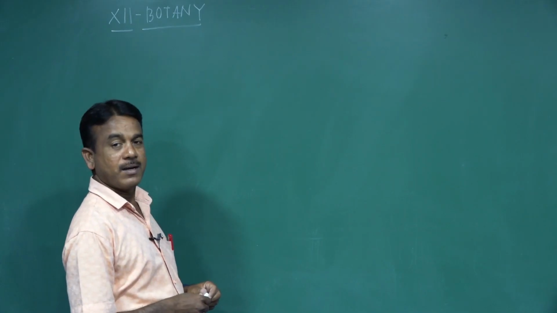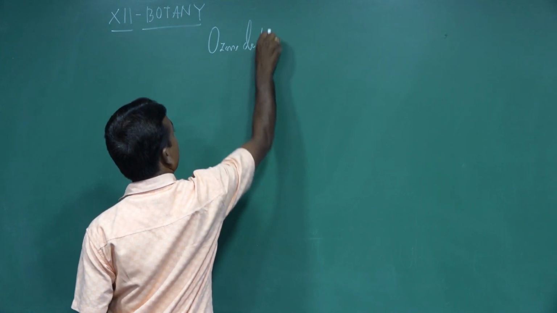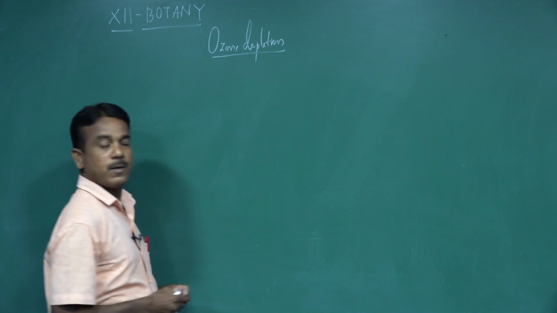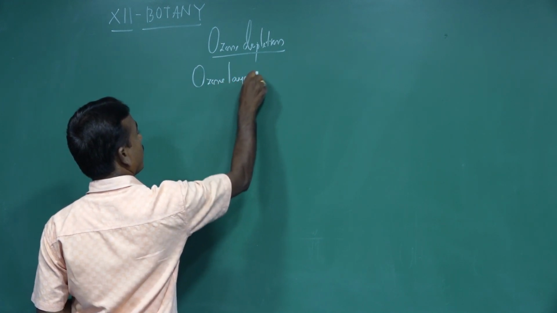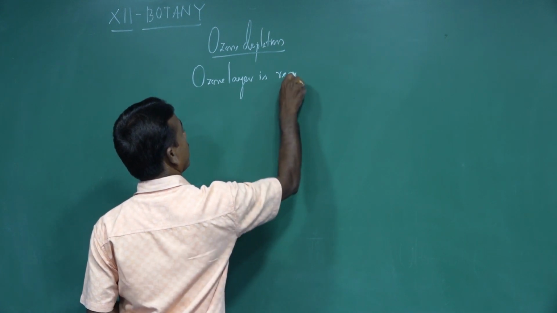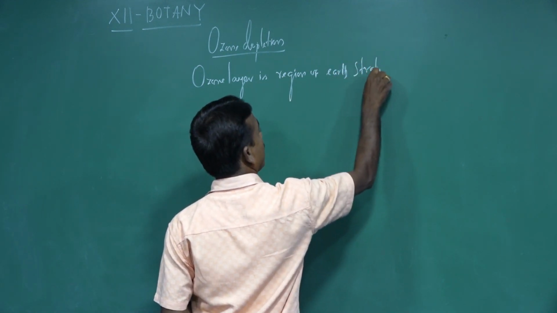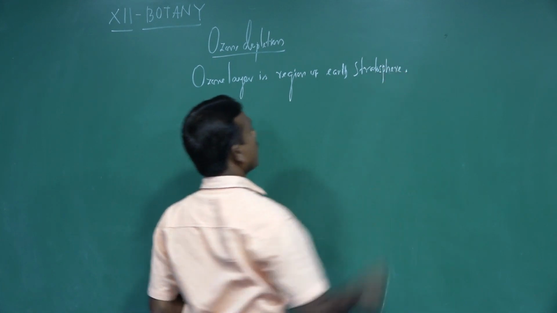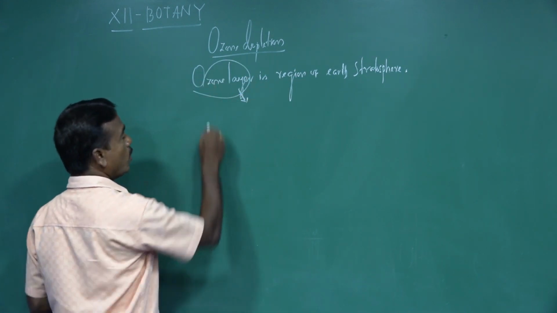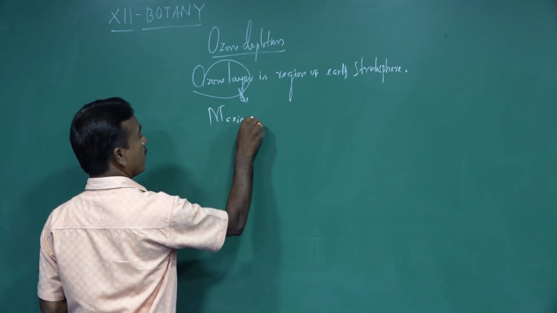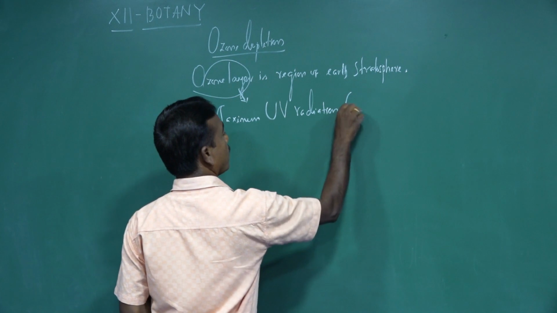The next topic is commonly called ozone depletion. The ozone layer is the region of Earth's stratosphere that absorbs maximum UV radiation from the sun.